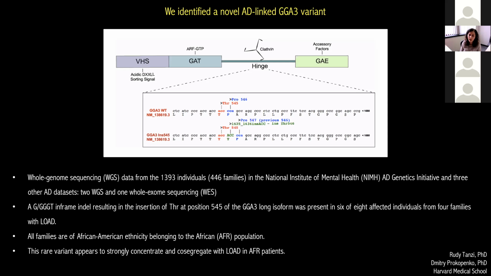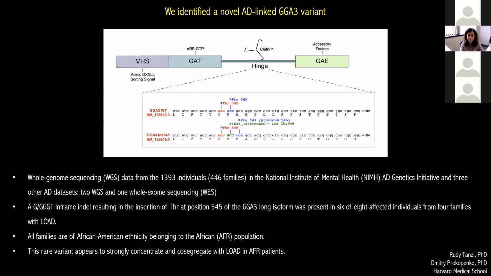All families are of African American ethnicity and they belong to the African population. And so this indicates that this rare variant appears to strongly concentrate and co-segregate with late onset Alzheimer's disease in the African American population and patients.